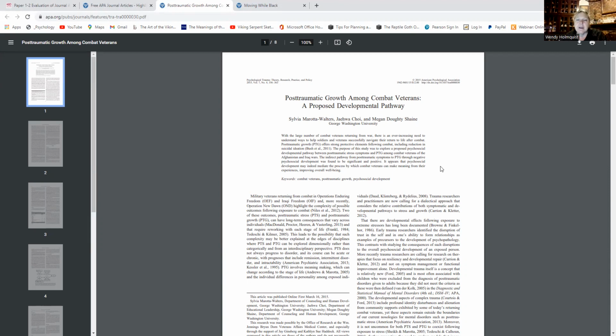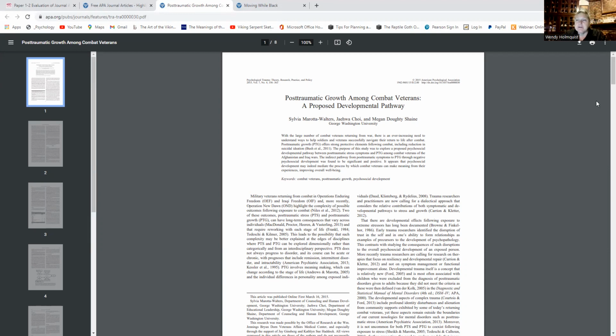The indirect pathway from post-traumatic symptoms to PTG through negative psychosocial development was found to be significant and positive. It appears that psychosocial development may indeed mediate the processes by which combat veterans can make meaning from their experiences, improving overall well-being.